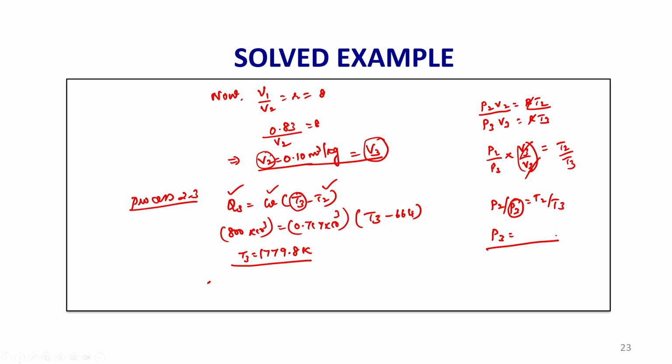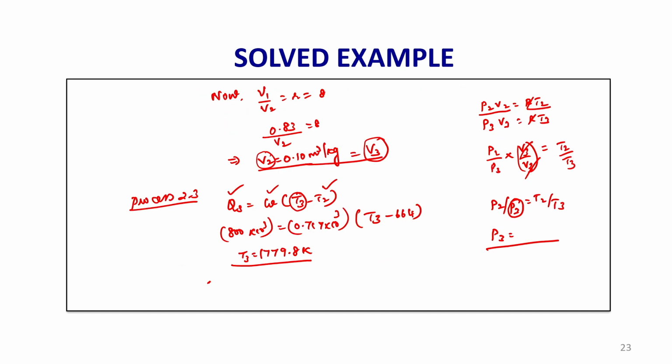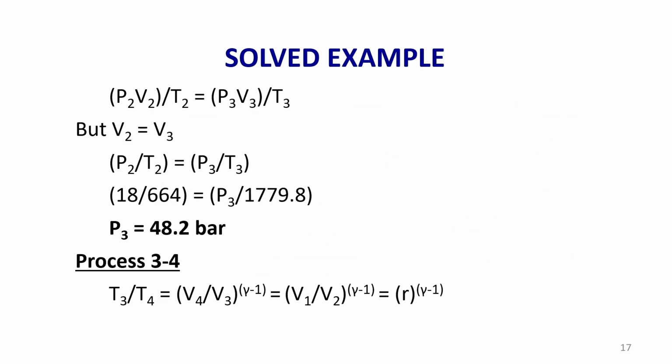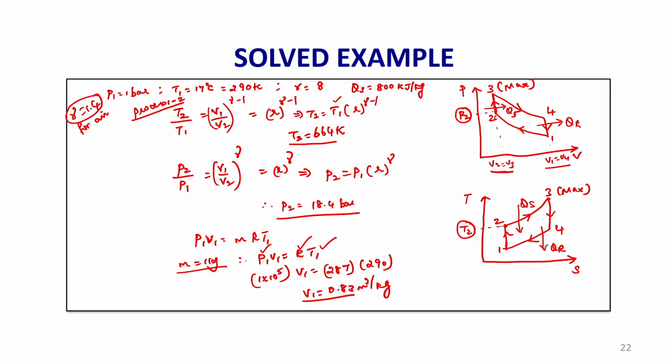P2 we have found out as 18.4 bar, T2 is 664 Kelvin, and T3 is this one. Using this formula, if you substitute, the maximum pressure will be equal to 48.2 bar to be more specific.